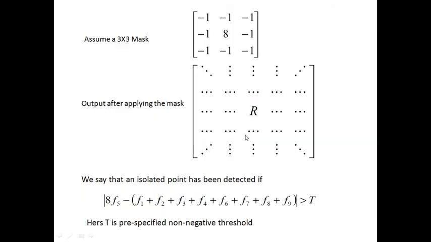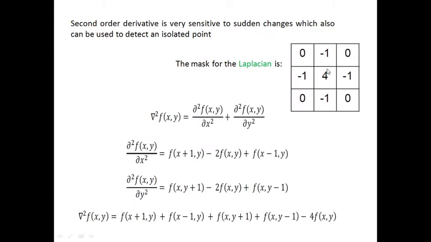The mask will be of different kinds, like here it is a certain mask and here it is some different mask. This is for the Laplacian mask. So this is the property of a Laplacian mask. Del square f of x comma y, I can write this Laplacian operator in terms of dou square by dou x square plus dou square by dou y square.